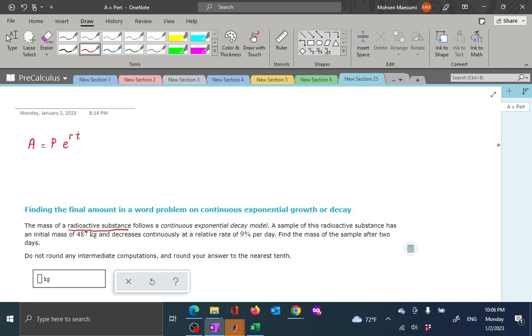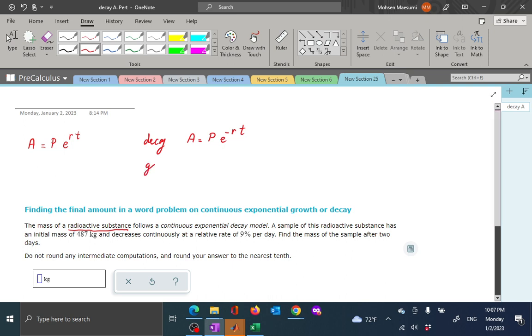In the case of a decay, we are going to have a negative r, or if you wish to make it explicit, A is P times the exponential of minus rt, and r is the decay rate in decimal.